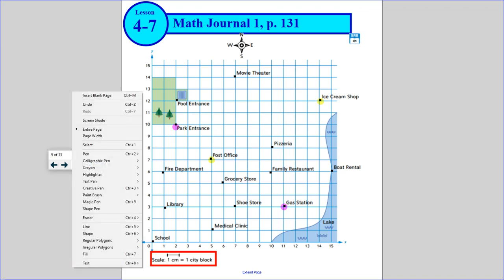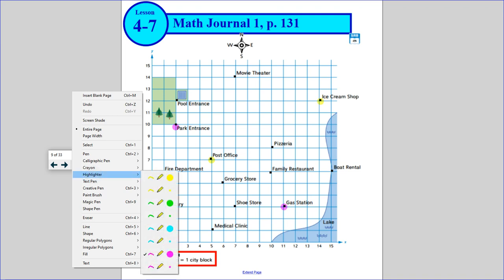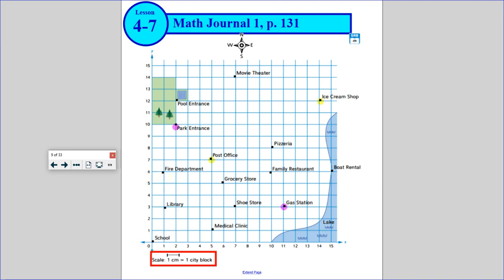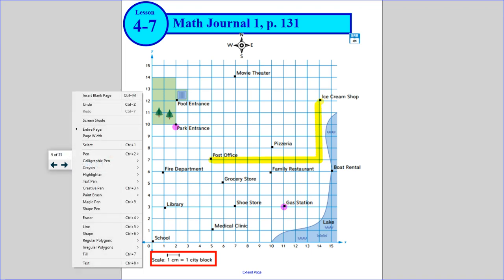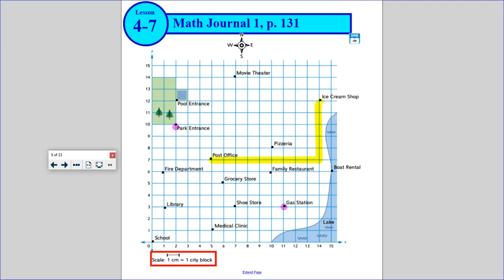I'm going to use yellow to do from the post office to the ice cream shop. I'm going to do just the basic. I'm going to go over and up for that one. And now I'm going to again do over and up for this one.